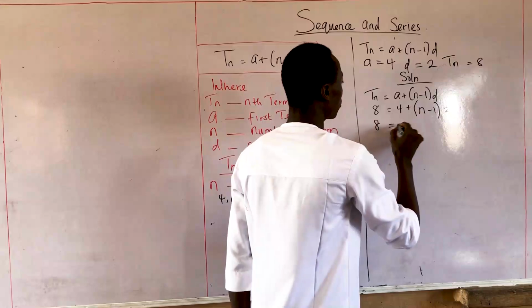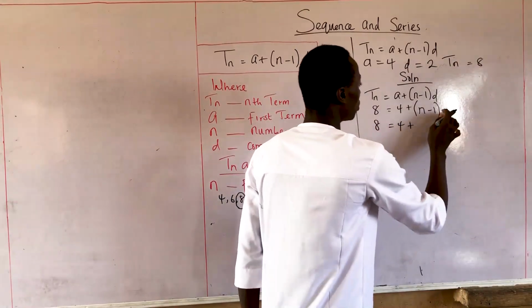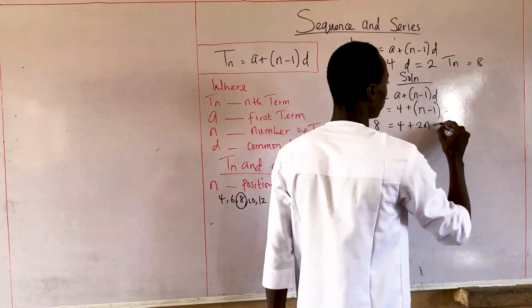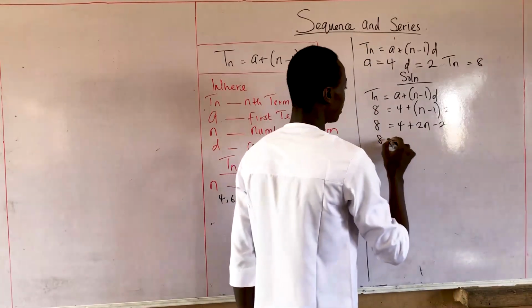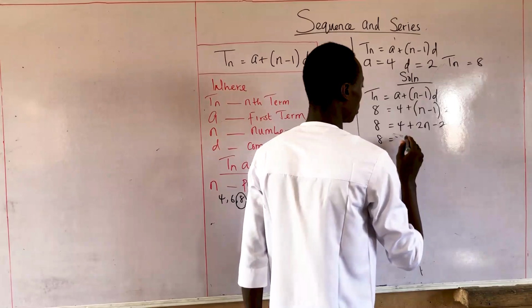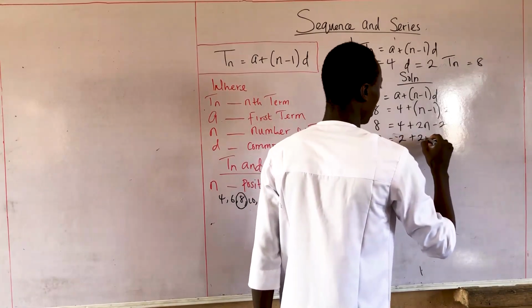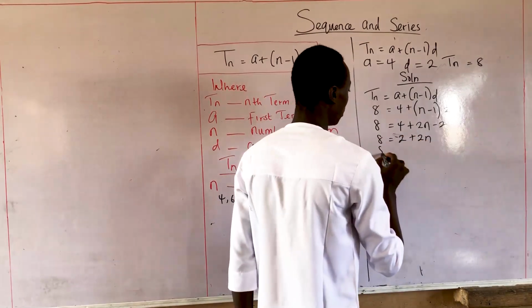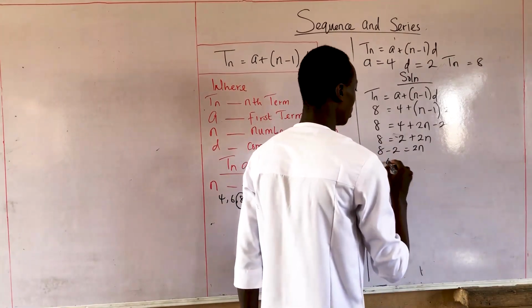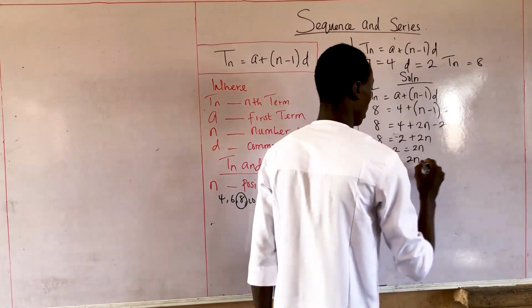We have 8 is equals to 4 plus 2 times n, we give 2n, 2 times minus 1 we give minus 2. From here, 8 is equals to 4 minus 2, which is 2, plus 2n. Now we can collect like terms. 8 minus 2 is equals to 2n. So 8 minus 2 gives 6 is equals to 2n.